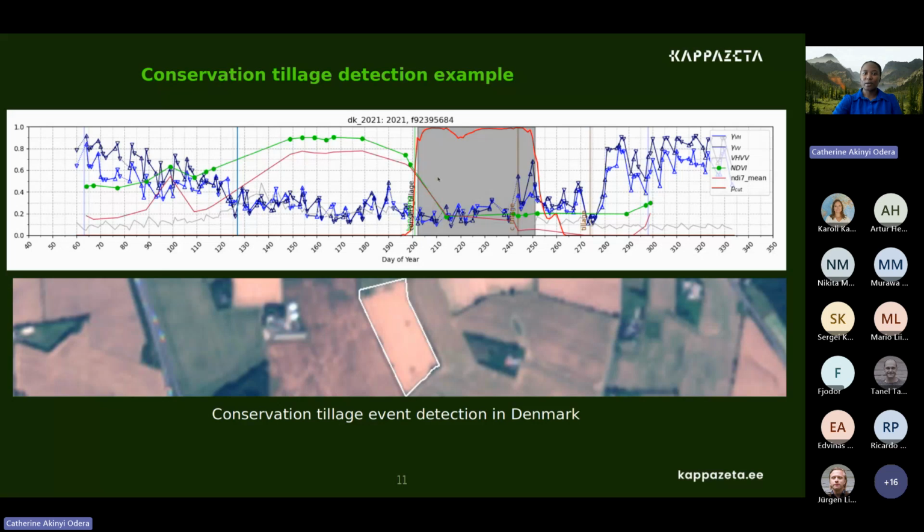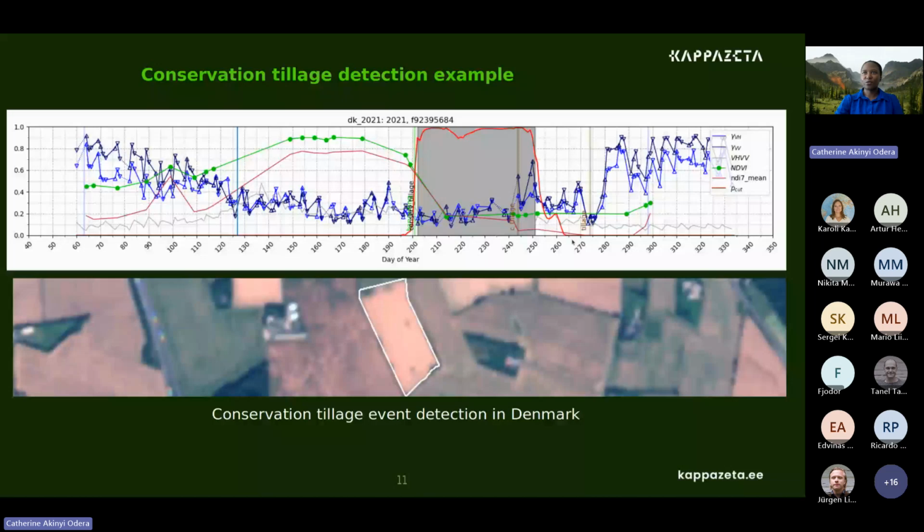But generally, this model performs well to a particular extent. But we found out that if we don't have data that represent how crop residue cover would look at a particular instance, the model would ideally miss that event.